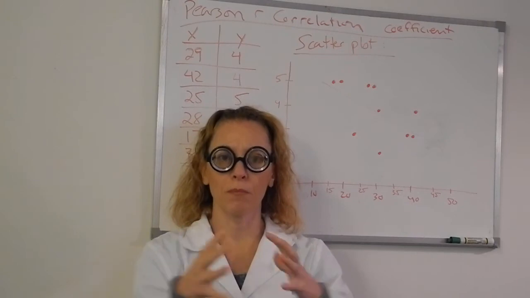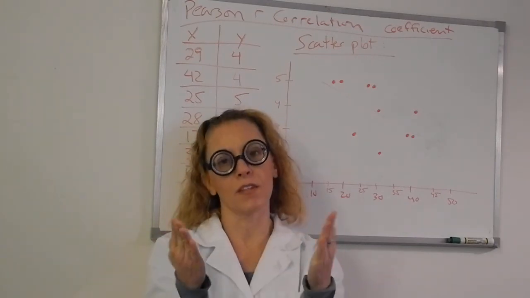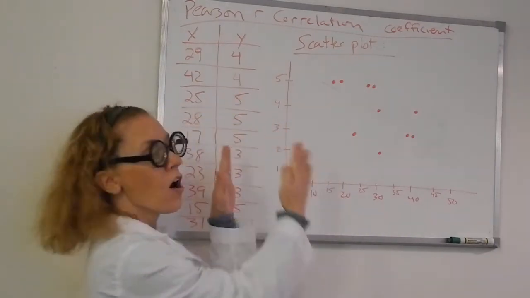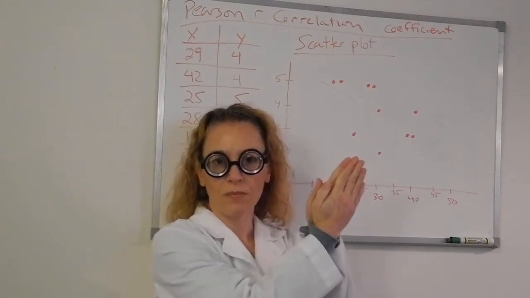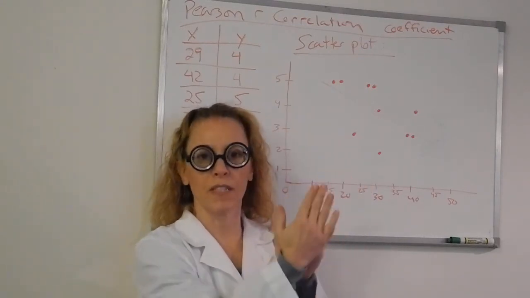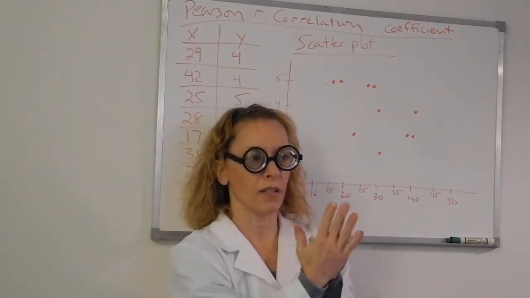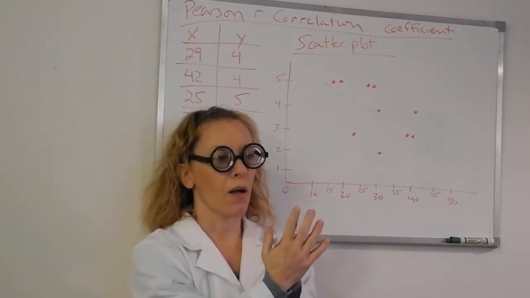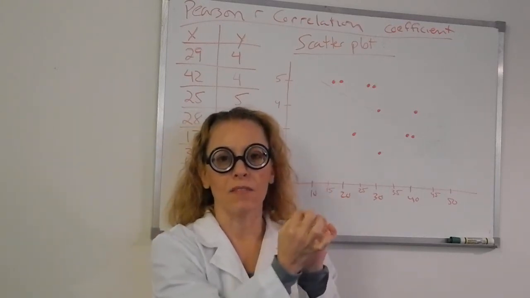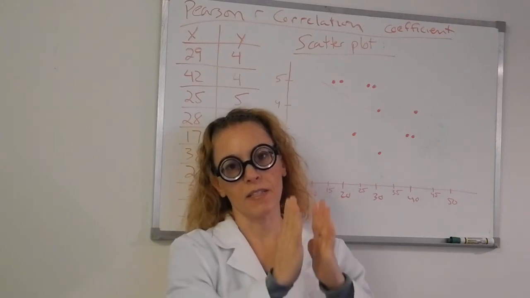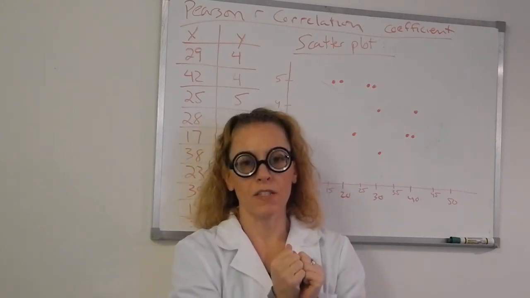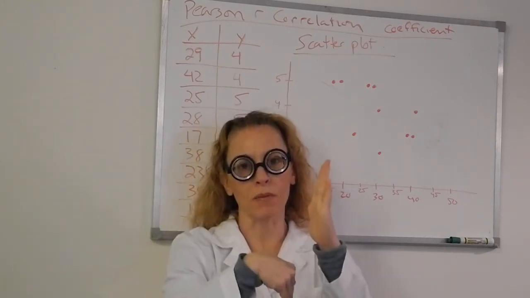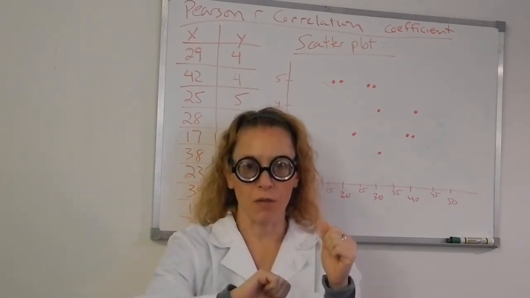That tells you that the points are tightly together, that the values of the two scores are very similar to each other, and they move together in either direction. The negative and positive tell you whether they're moving together in the same direction, as in a positive relationship, or whether they are inversely related and moving opposite one another.